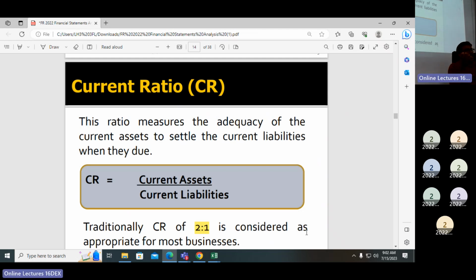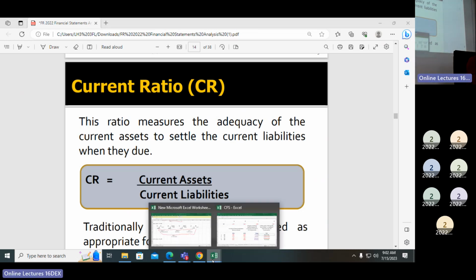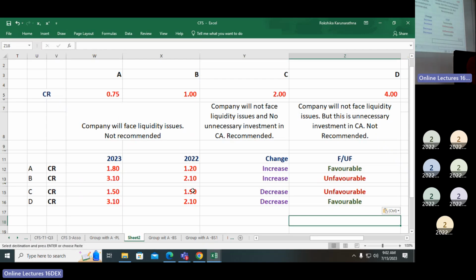When you don't have an industry average, then you go ahead with 2 as the norm. Right? Got it? දැන් මෙතනත් අපි මේ 2 කියන norm එක base කරගෙන තමයි increase decrease favorable unfavorable කියලා හදන්නේ.